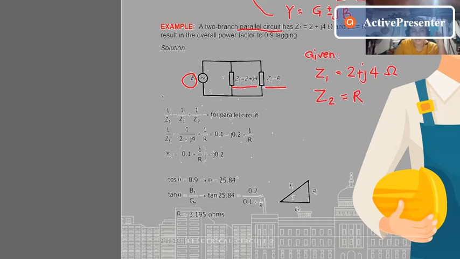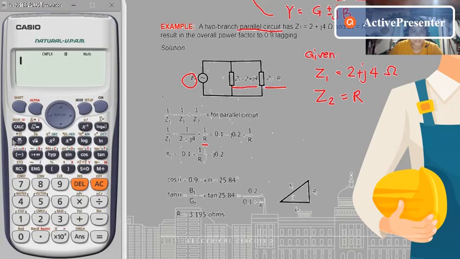So the formula for our parallel total impedance is 1 over ZT equal to 1 over Z1 plus 1 over Z2. Substitute: 1 over ZT is equal to 1 over 2 plus j4 plus 1 over R, our unknown. First we need to solve 1 over 2 plus j4.